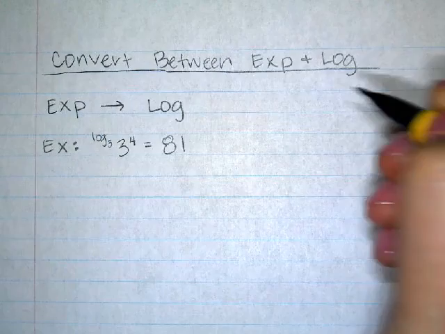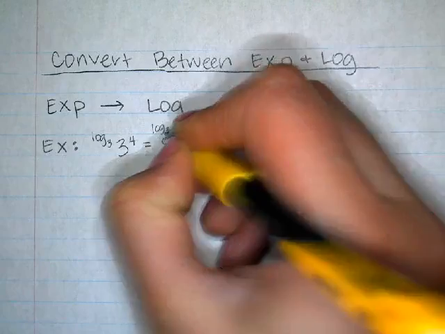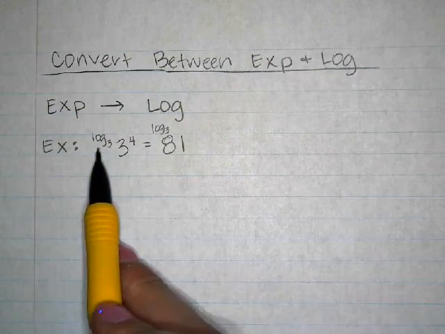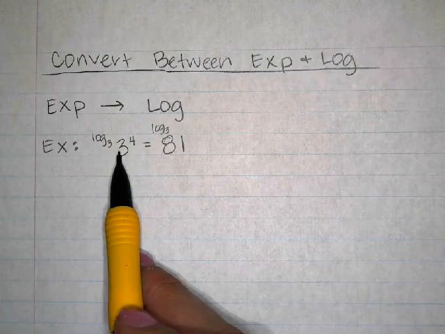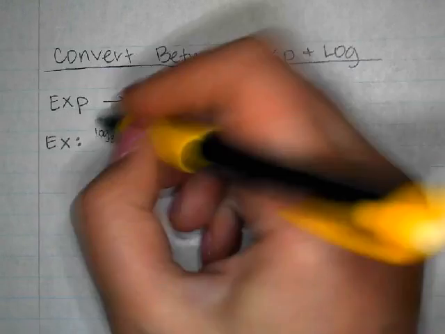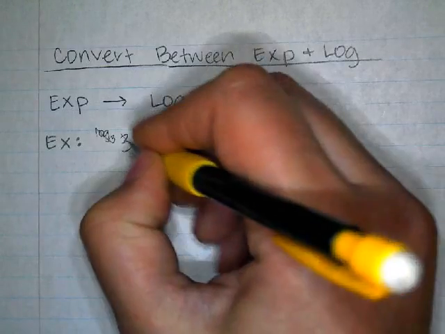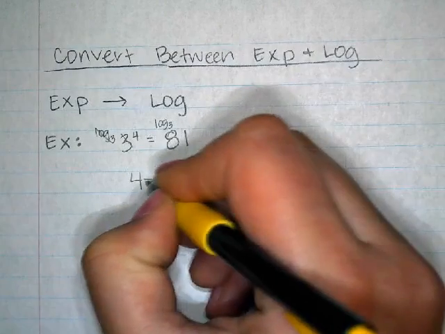So because log base 3 and exponential with a base of 3 are inverses of each other, they cancel each other out. So log base 3 and a base of 3 cancel, and it just leaves a 4 behind. And then on the right side, I have log base 3 of 81.